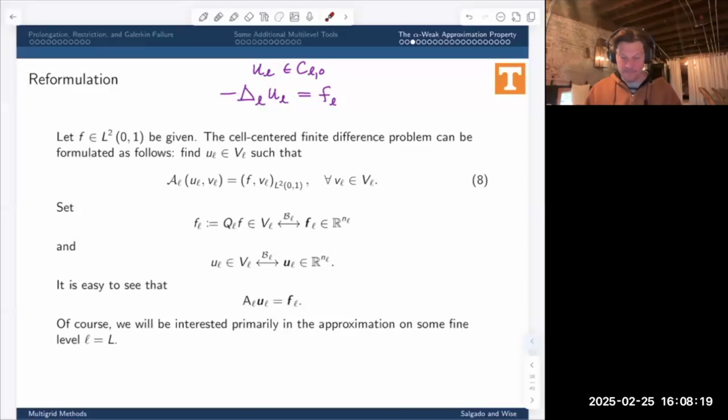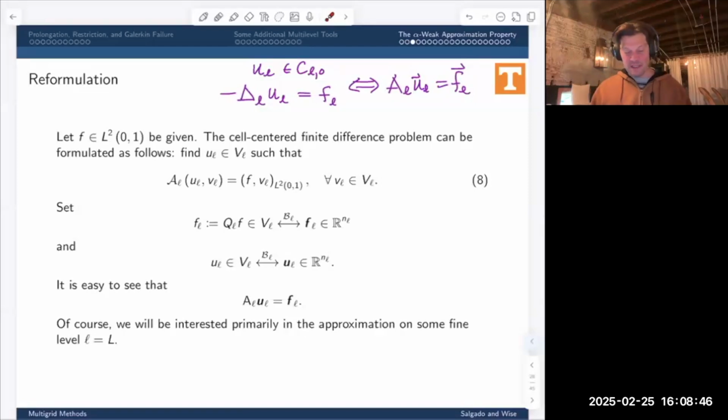We showed earlier that that could be transcribed as a matrix problem, AL UL equals FL. And the way we did that was the way we usually transcribe finite difference problems into matrix vector problems.